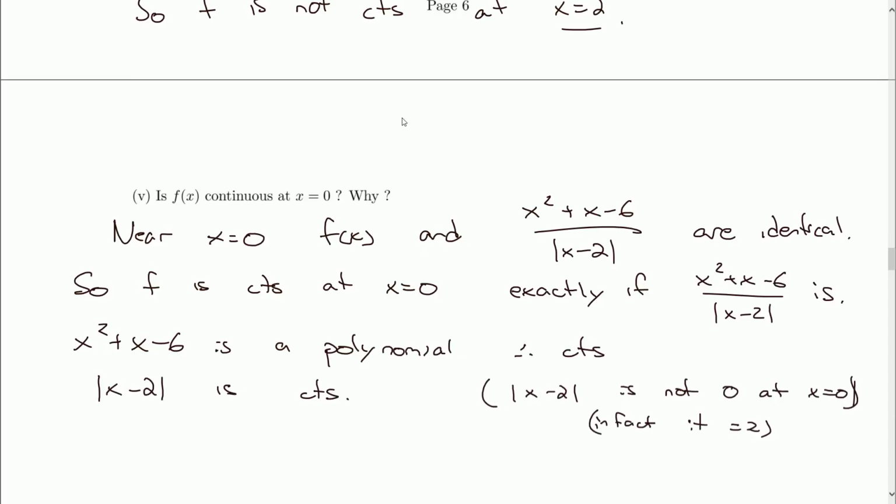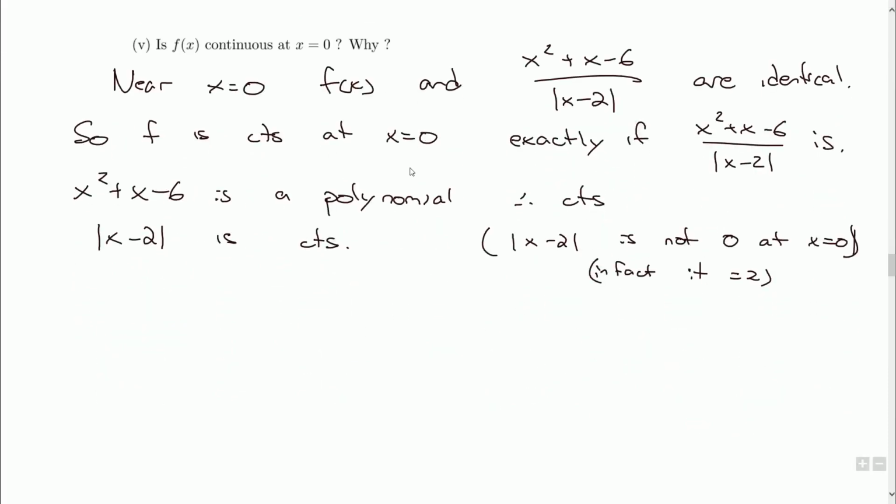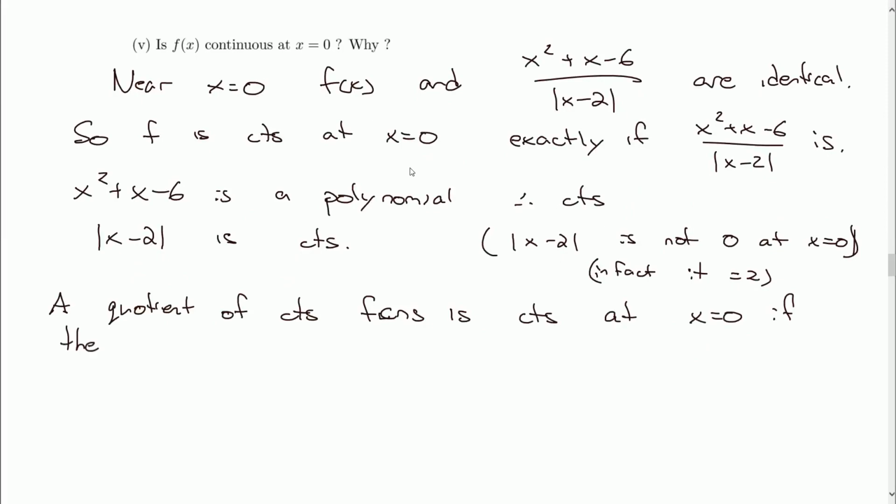And this is really important because you might remember from class, a quotient of continuous functions is continuous at, say, x equals 0 if the bottom function is not equal to 0 at x equals 0.